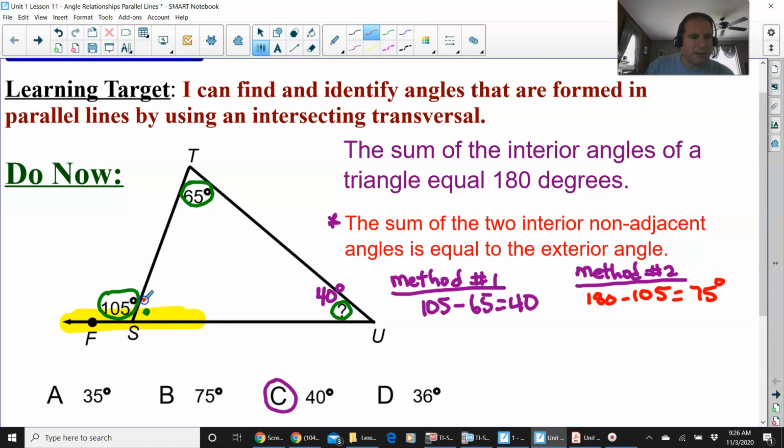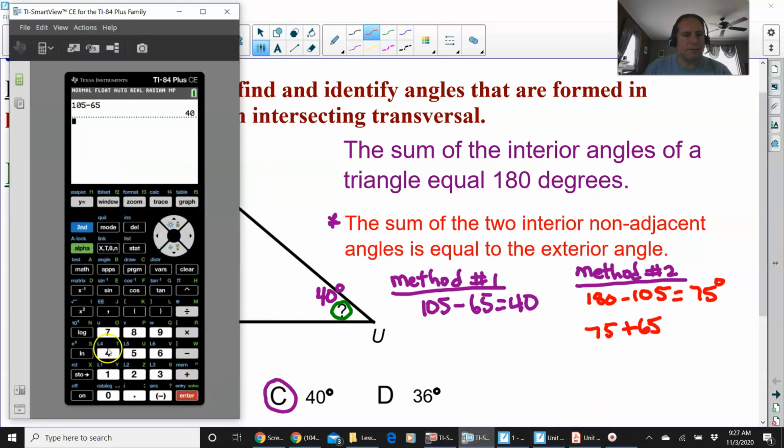So I know that this right here is 75 degrees. 105 plus 75 is 180. So now I have two interior angles of the triangle, so that's what I needed to get this measure. If I do 75 plus 65, and again I take my calculator, 75 plus 65 is 140.